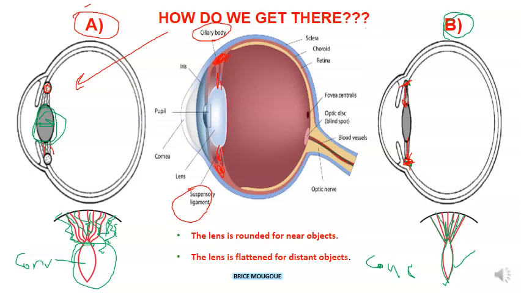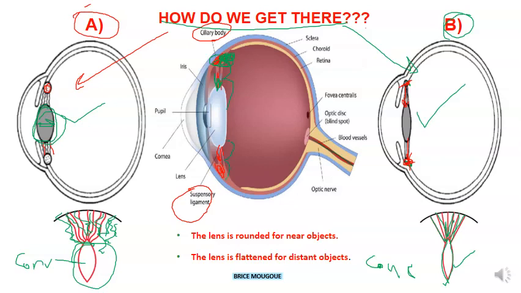So our question of how do we get there? I'm sure by now we've answered how we get to a convex lens and to a concave lens. The role players here are simply the ciliary muscles and the suspensory ligaments.